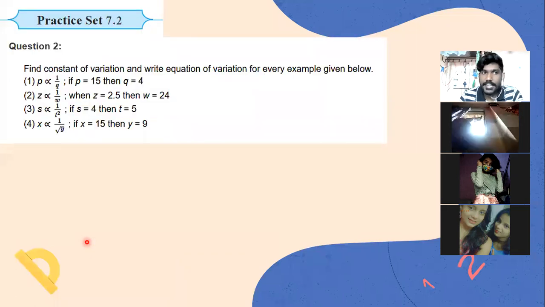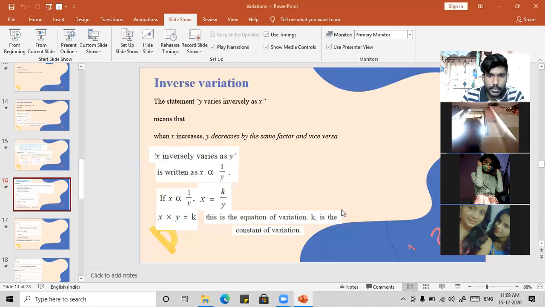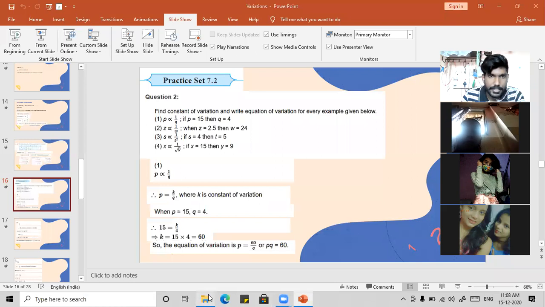And after that we did the second sum of practice set 7.2. Okay, we did all of these 4 sums. The first sum was remaining, right? So we'll do the first sum of exercise 7.2. I'll just open your textbook.